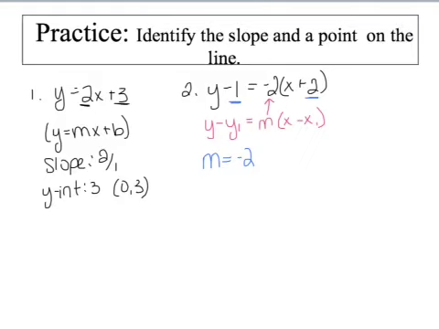It must be a positive 1. Now for the x, what number can you plug in here to change this negative sign to an addition sign? Well, that only happens when you subtract a negative number. So if the x-coordinate was negative 2, then I would have had x plus 2 in my formula. So the point that's on this line is going to be negative 2, comma 1.